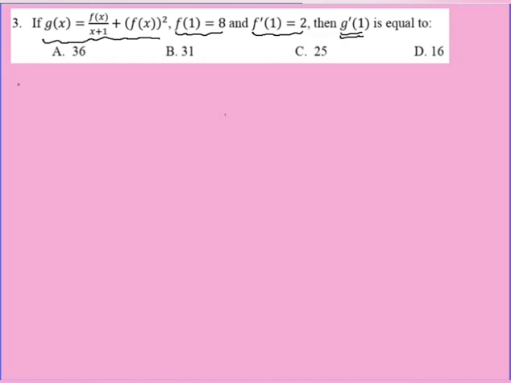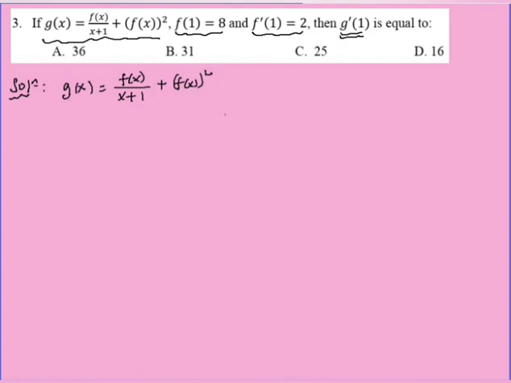Let us write these things properly. So g of x is already given by f of x over x plus 1 plus f of x squared. This is the function g.